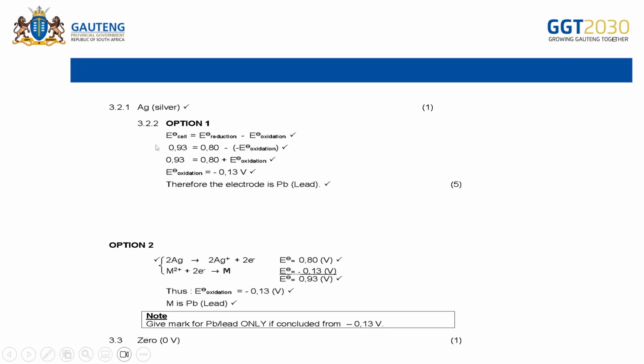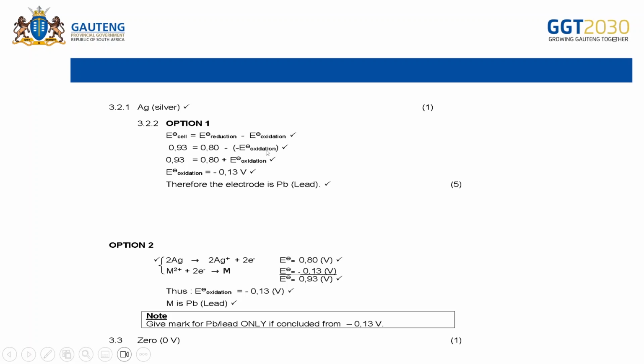E theta cell is equal to reduction minus oxidation. We are going to take the value that we get from the EMF. We were told that the voltmeter was registering 0.93. So that is the E theta cell. Then we are going to substitute the reduction. Remember, we said reduction is where the cathode takes place.